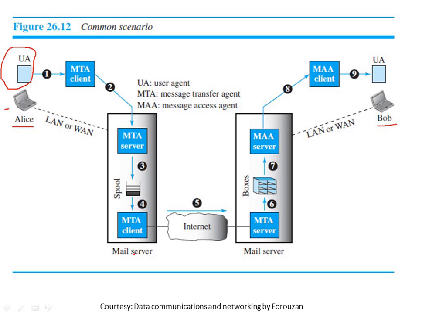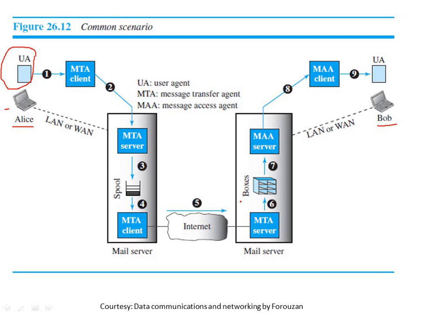The MTA client, which is part of the mail server on the client side, will communicate with the internet, and at the receiving end the MTA server will try to find out for whom this message is meant. If it is meant for Bob, then it will find the box of Bob, and the mail will be transferred to Bob's box, that is called a mailbox.